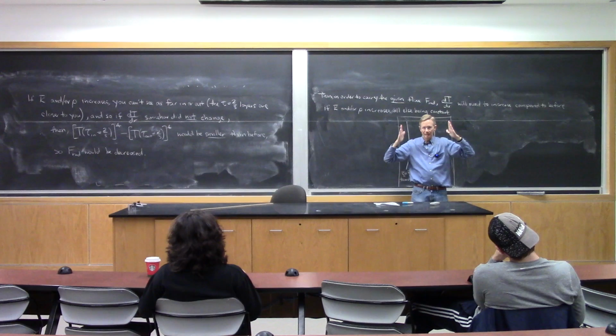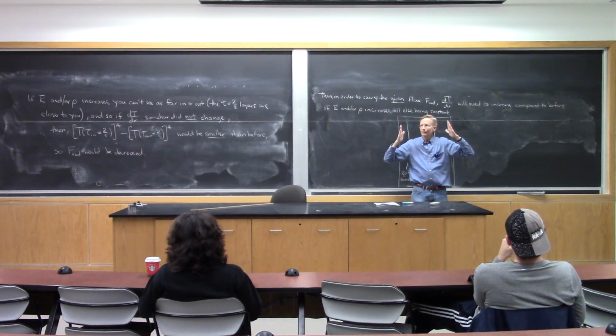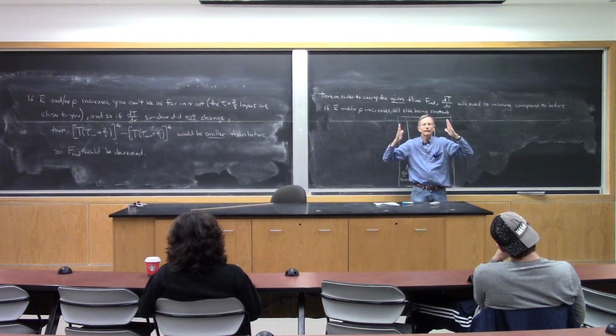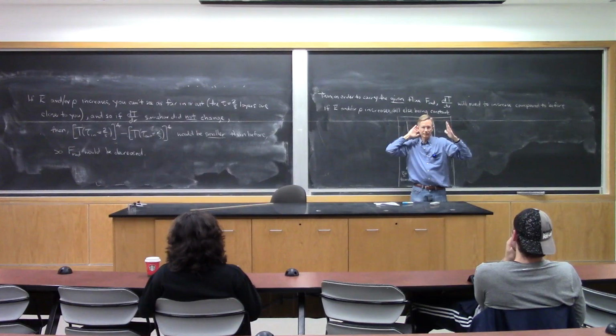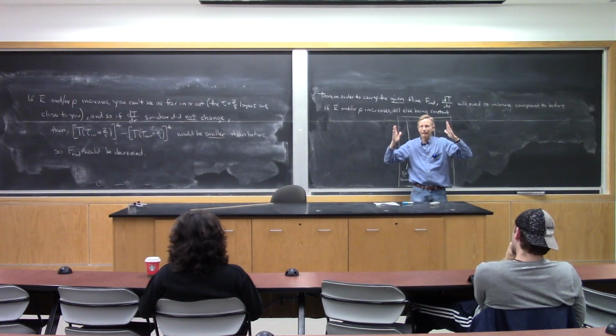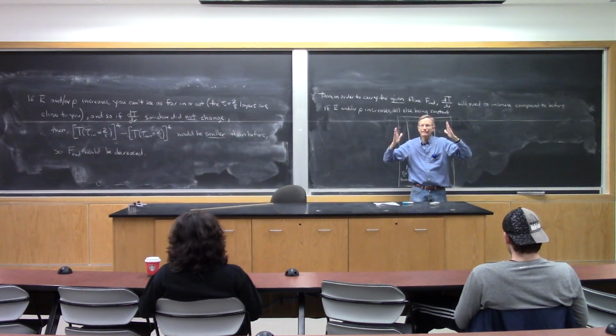But if that happened, I wouldn't see as big a difference in their temperatures anymore. Not as much flux would be carried. There wouldn't be as big an F rad as before if dTdr did not change.